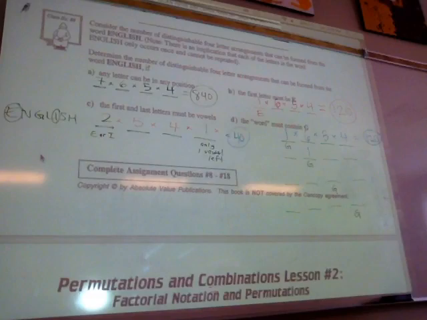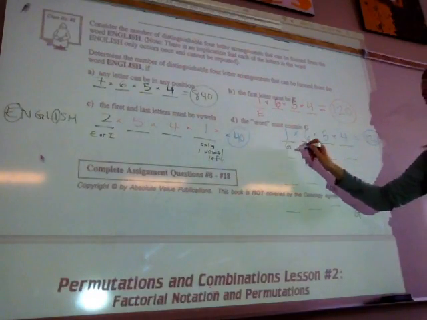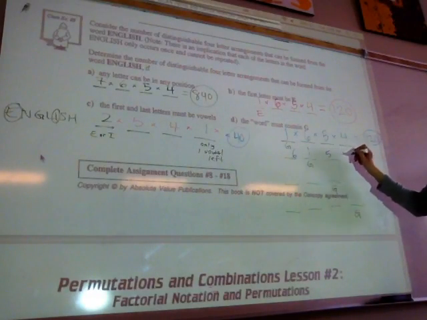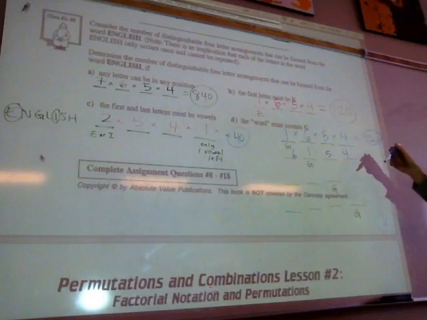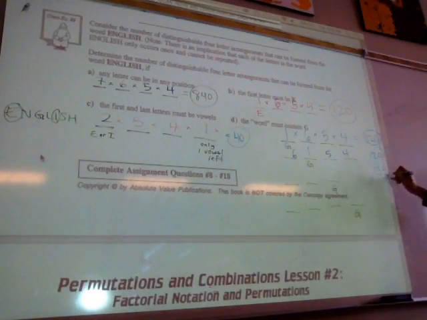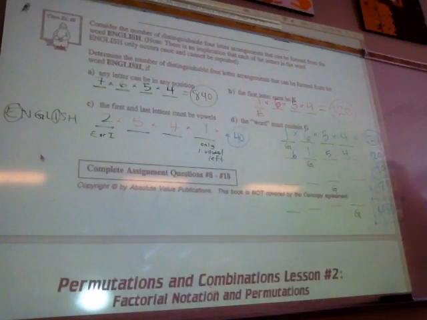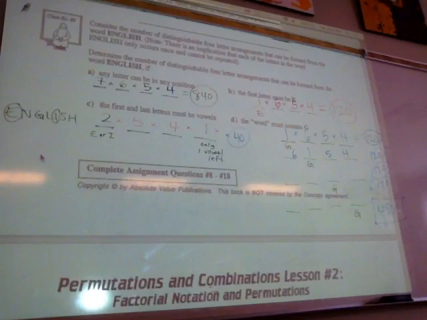There's only 1 choice for G. I've used 1 letter, so I have 6 letters, then 5, then 4. Is it going to be the same for all 4? Yeah. So we have 120 plus 120 plus 120 plus 120. That gives me 480. Okay, so there's 480 possible ways I could have G in this.